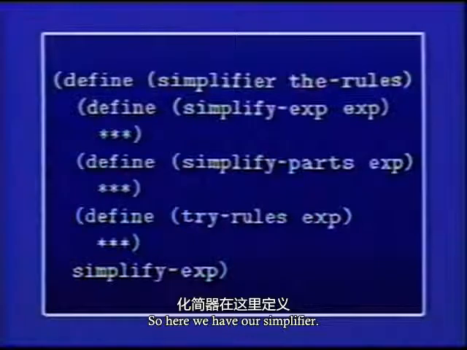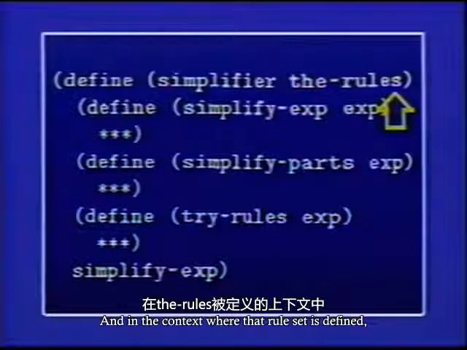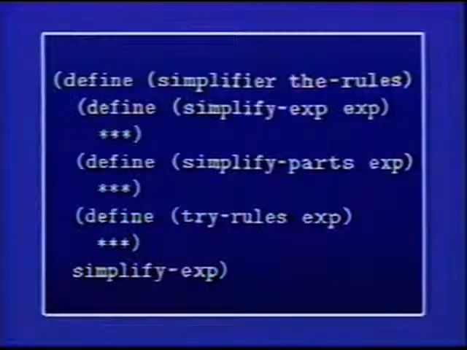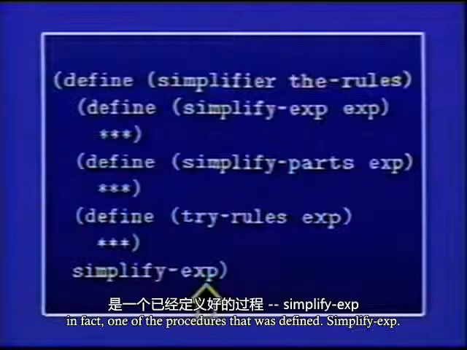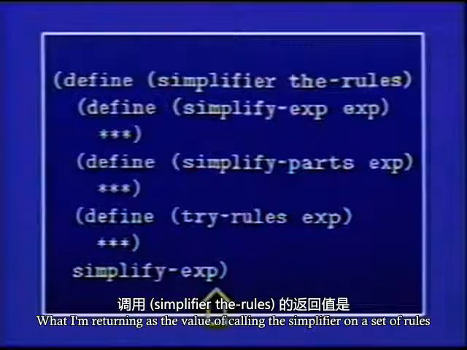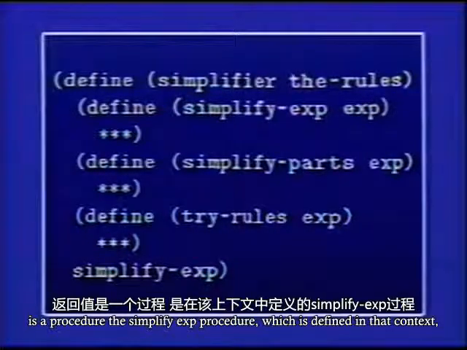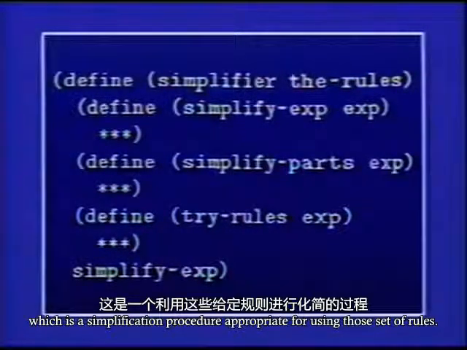So, here we have our simplifier takes a rule set, and in the context where that rule set is defined, there are various other definitions that are done here, and then the result of this simplifier procedure is in fact one of the procedures that was defined. Simplify exp. What I'm returning as the value of calling simplifier on a set of rules is a procedure. The simplify exp procedure, which is defined in that context, which is a simplification procedure appropriate for using those set of rules.